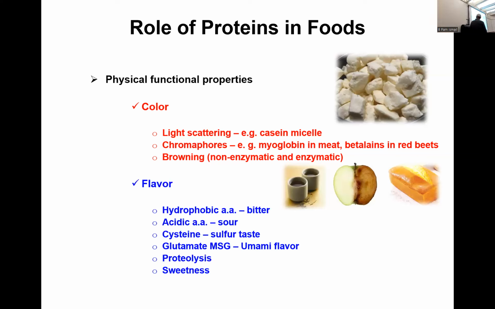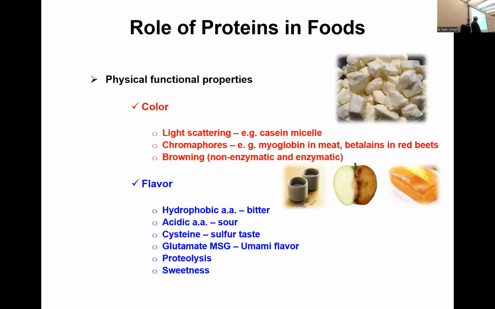Flavor. So a high level of hydrophobicity gives that bitter taste. If you also hydrolyze, you get bitter peptides, and sometimes you release your carboxyl group, so you get a sour taste as well. A high percentage of amino acids that are acidic gives that sour taste.